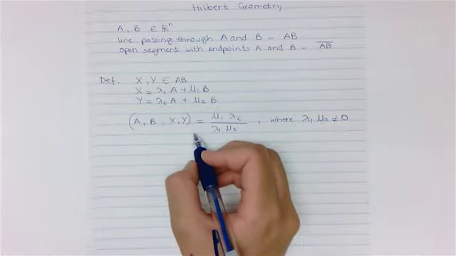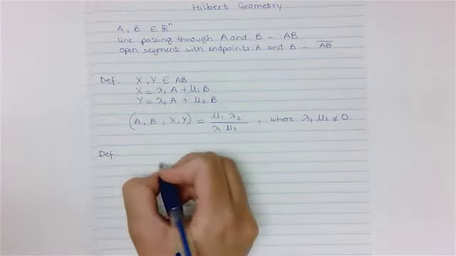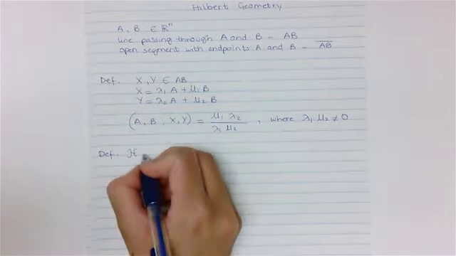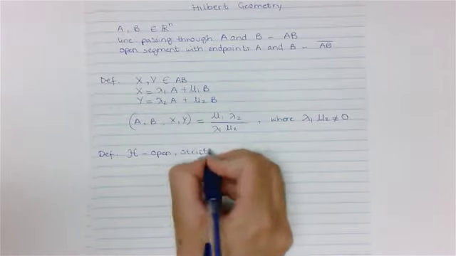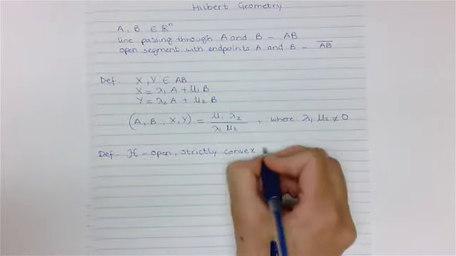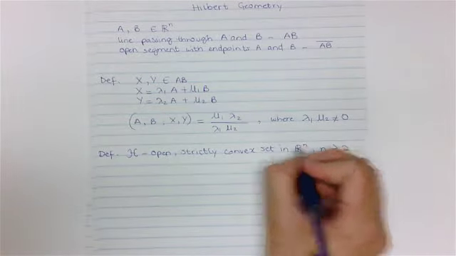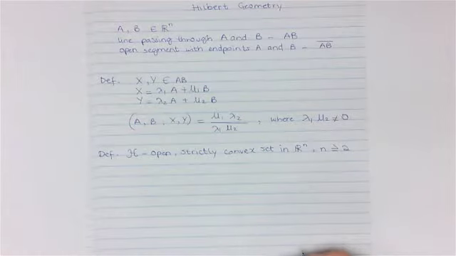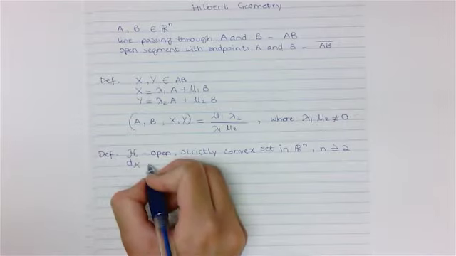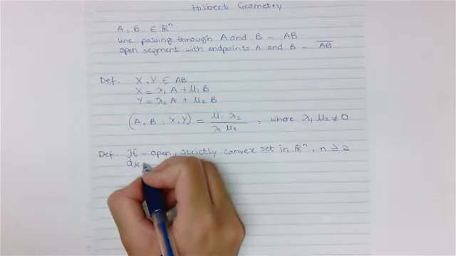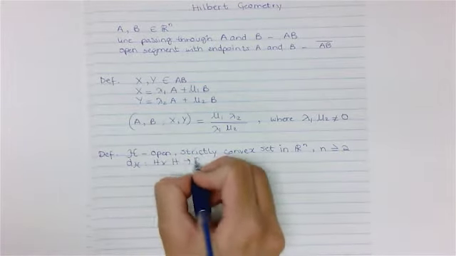Using this definition, we can now define Hilbert geometry. So we have H, which is an open, strictly convex set in R^n, such that n is greater than or equal to 2. And the Hilbert metric is given by d_H such that we have the following.